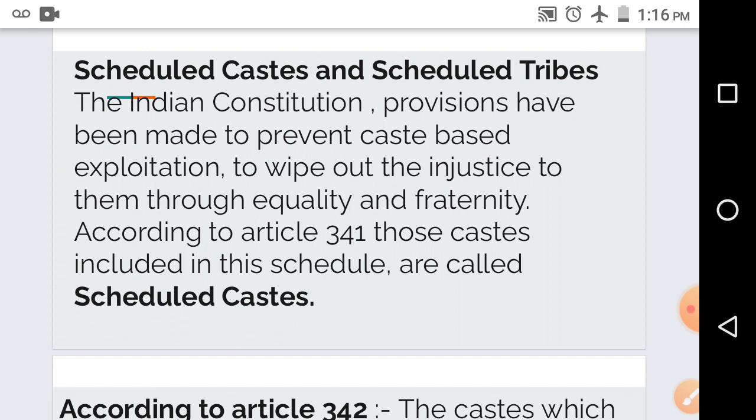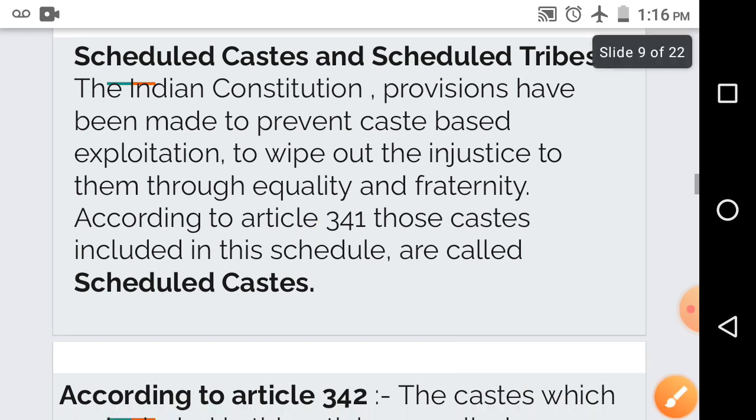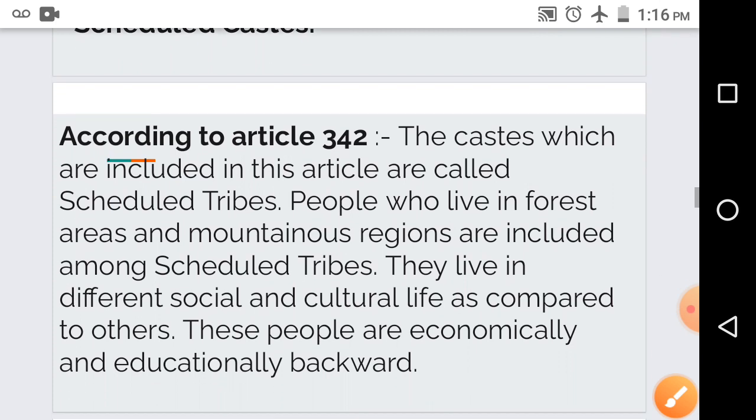According to Article 341, those castes included in the schedule are called scheduled castes. So here, Article 341 is very important. The classes included in this particular article are called scheduled castes. According to Article 342, those castes which are included in the schedule of Article 342 are called scheduled tribes.